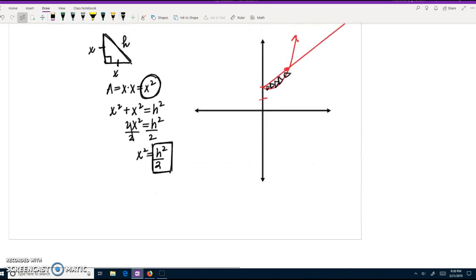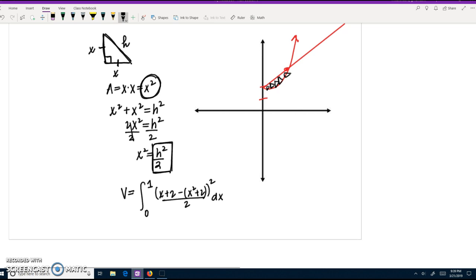So if we want to do that, we can say our volume is equal to, our integration bounds are going to go from 0 to 1, and our hypotenuse is the same setup we've been working with all along. So x plus 2 minus x squared plus 2. That quantity is squared, and then we are dividing that by 2 and integrating with respect to x.